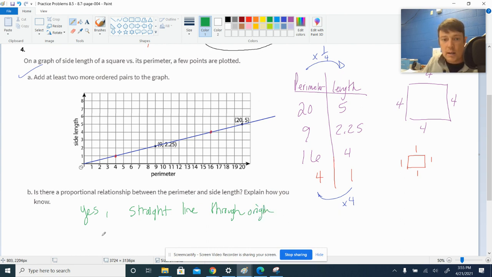And we could also say that it has a constant of 1/4, right? So there's like two reasons that you know that that is a proportional relationship between perimeter and length of a square. It's always 4 sides in a square, and they're all the same size. So you can just multiply the side length times 4, and it will always go to the perimeter, and you can always divide the perimeter by 4, and it will be the length.